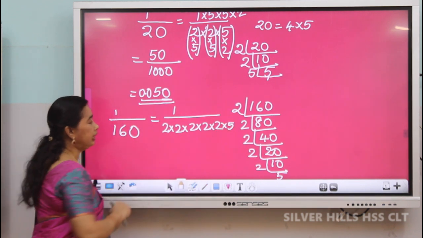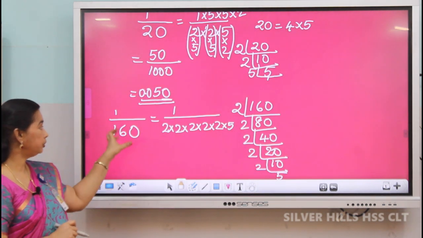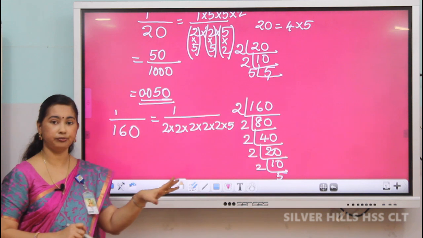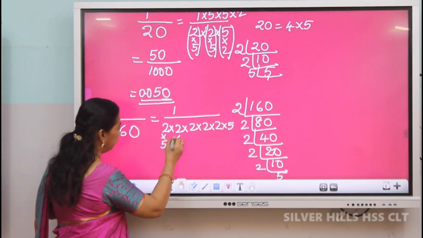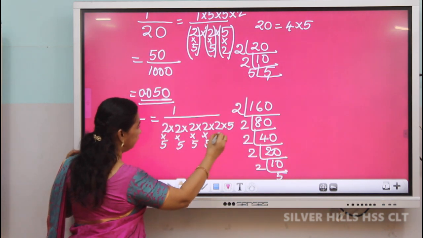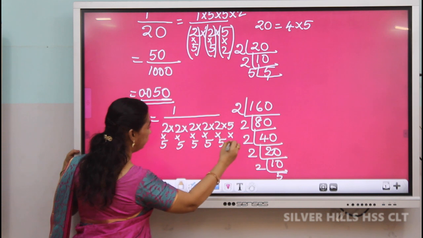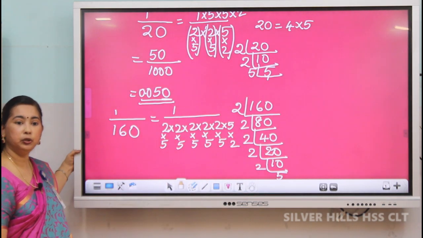Now, each 2 we have to convert into 10. Each 2 we have to make it as pairs of 10. So, I need to supply 1 5 here, here one more, here one more, here another one, this side also one more, and here one 2. Same thing will multiply in the numerator.